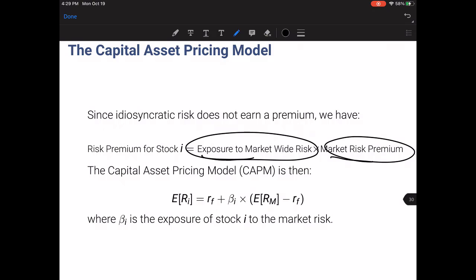For our case, we assume it is a linear function of that risk factor. So the capital asset pricing model can be represented as the risk-free rate plus some risk exposure to the risk factor of our expected returns minus the risk-free rate. This is our market risk premium.